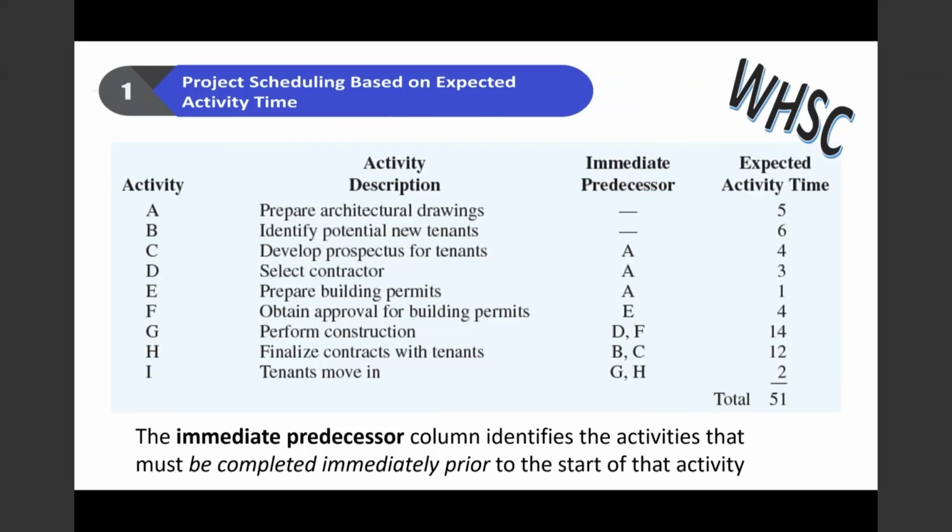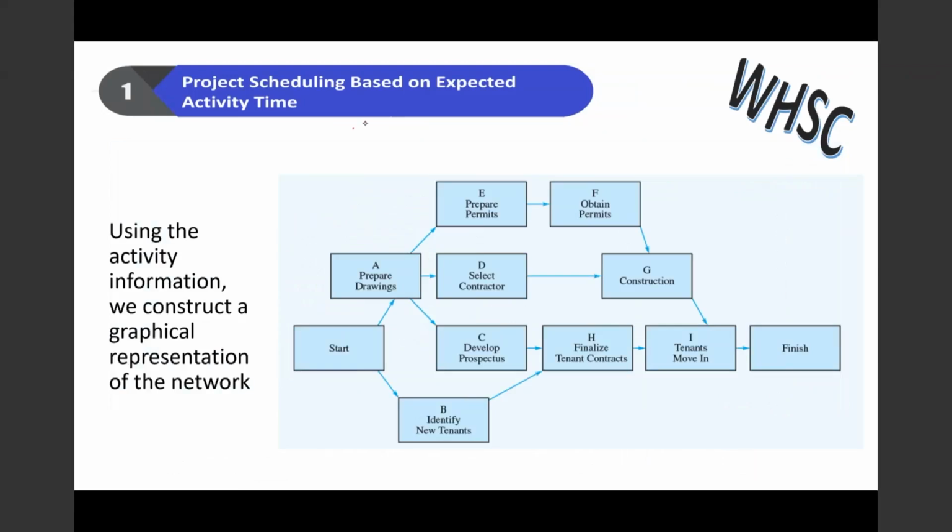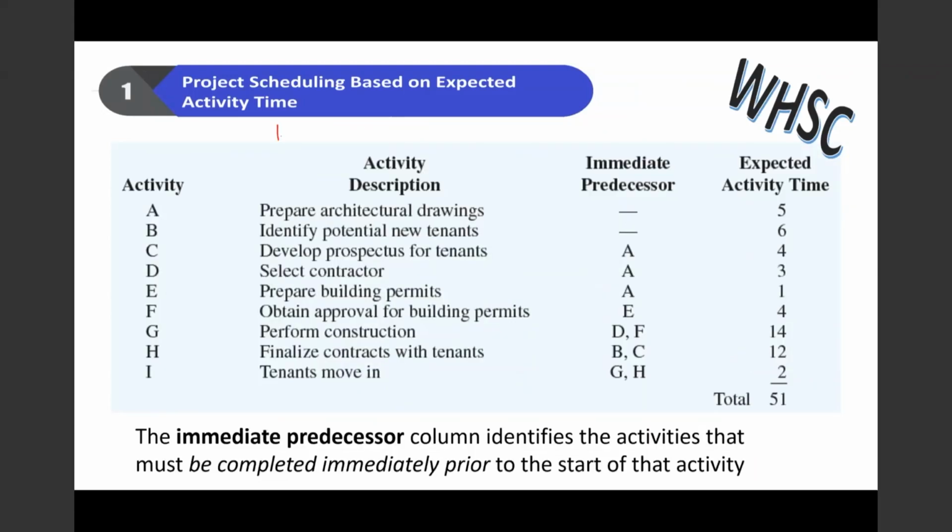Each time you do this, it's slightly different because of different textbooks or different ways of using it. What I want you all to do is you will always have a start and finish node.